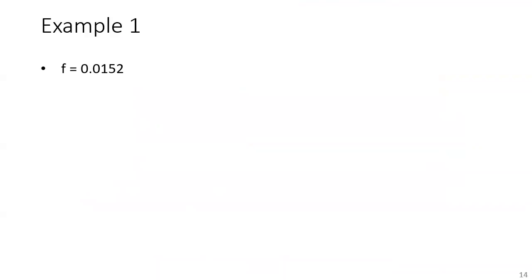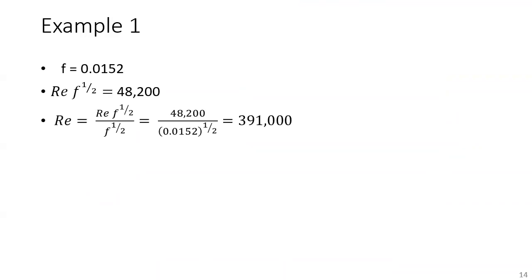So friction factor of 0.0152, that's what we just found. We also found that Reynolds number times friction factor to the 1/2 is 48,200. So of course, the Reynolds number is Re f to the 1/2 divided by f to the 1/2. So that's 48,200 divided by 0.0152 to the 1/2 power, which gives you about 391,000.